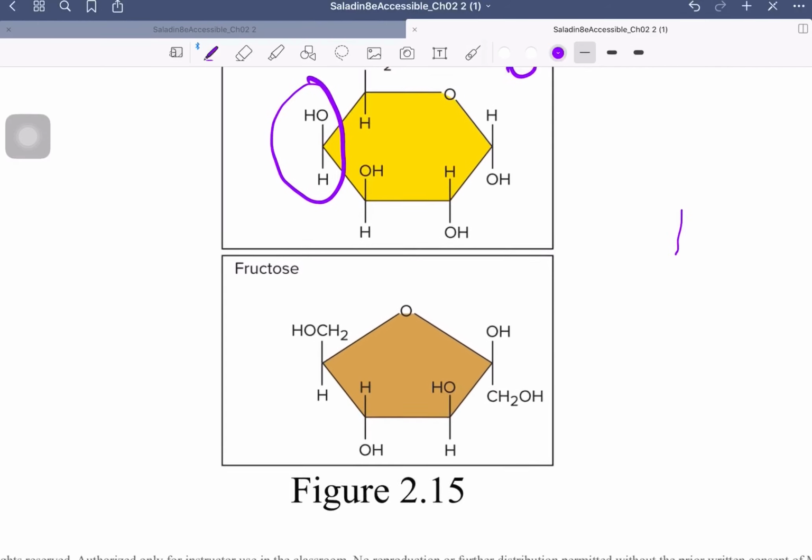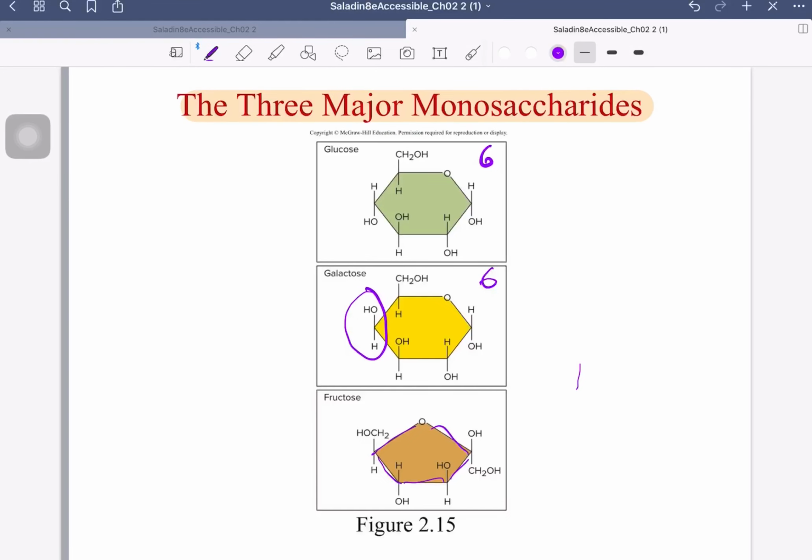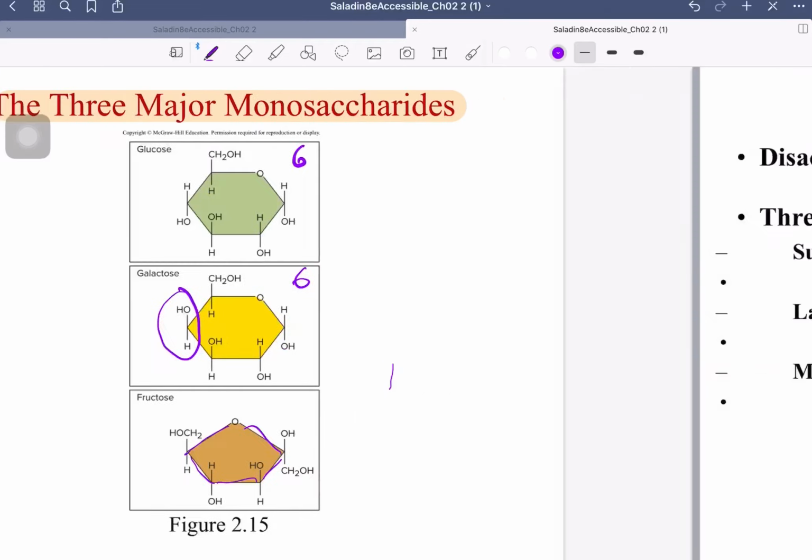And if I look at fructose, you can see this one's interesting. This is a five-sided sugar. Now, as I said, I would not ask you to replicate these molecules in terms of their three-dimensional structure in a test or anything like that, but I think it's important they get introduced and you get a visual image of what these look like.